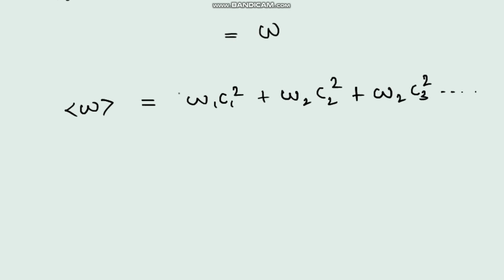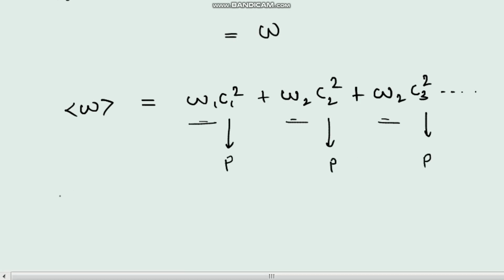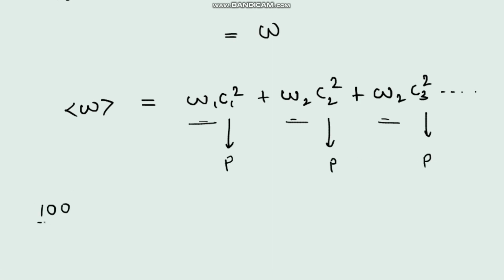Now, here each term is an observable value that you will get. C1 square, C2 square, C3 square are the probabilities, or the number of times you will get these values. So for example, if you perform your experiment 100 times, then C1 square times you will get the omega 1 value, C2 square times you will get the omega 2 value, and C3 square times you will get the omega 3 value, and so on.